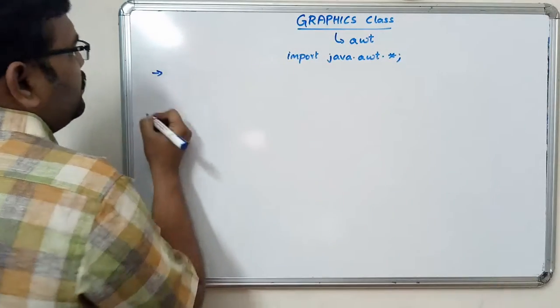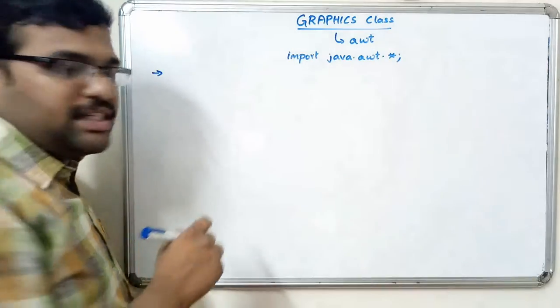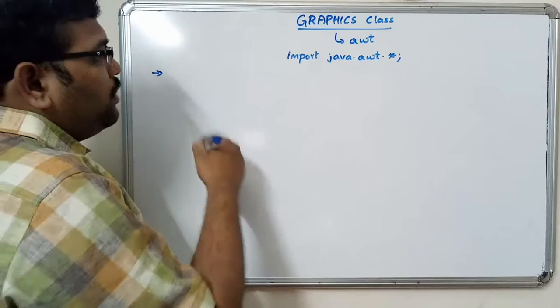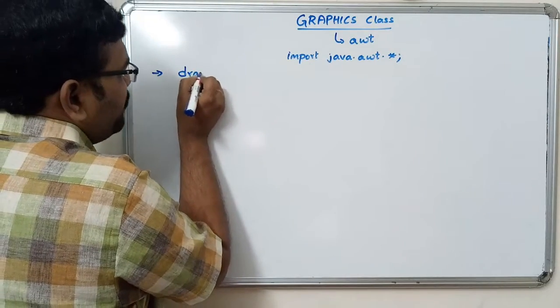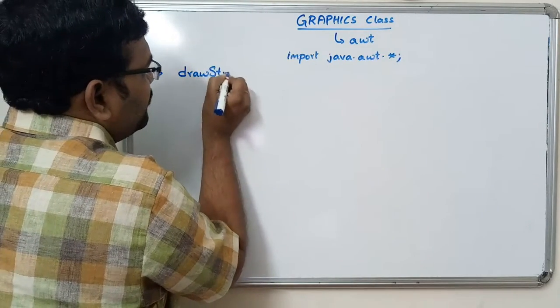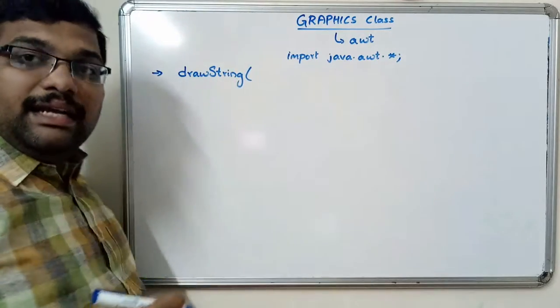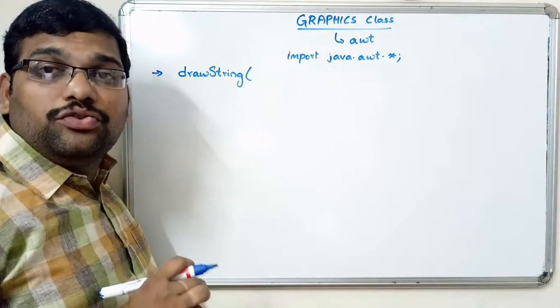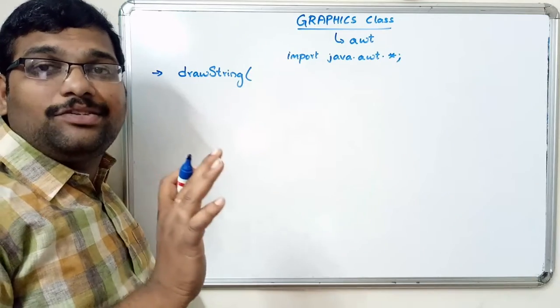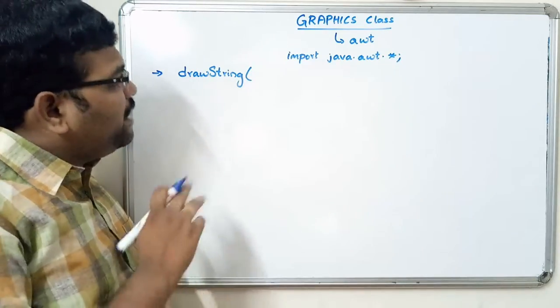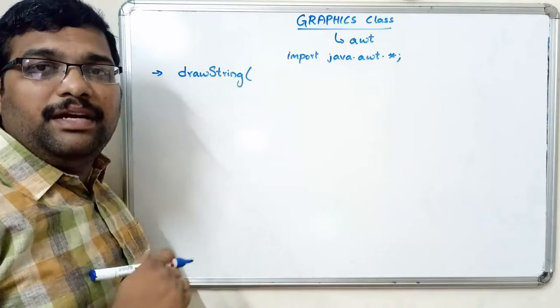First one, let us go with drawString. drawString is used to display the text on the screen. Here it will take three parameters.